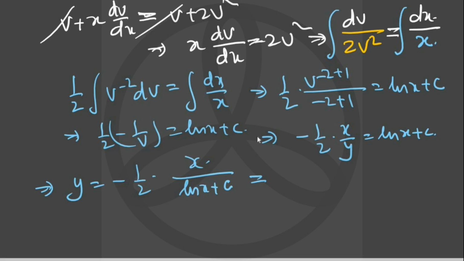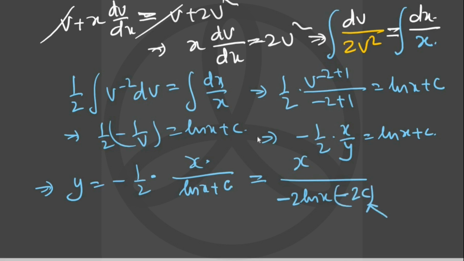In the book the answer is given a little different, but it is actually one and the same. They have actually removed the negative sign, which is merged with the constant, and x/2 equals minus ln x, and then minus 2c is there.